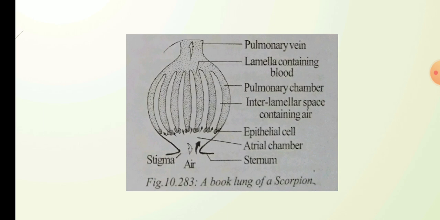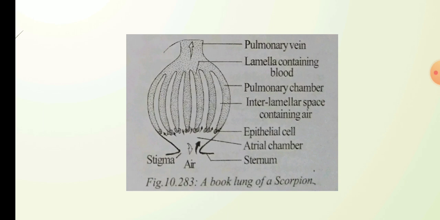Each stigma leads into a small chamber called the atrial chamber. The stigma leads into the atrial chamber, and the atrial chamber further leads into the pulmonary chamber, in which the lamellae are arranged.